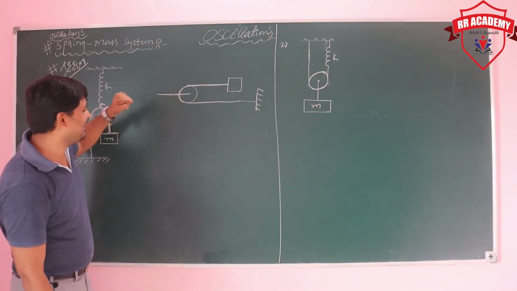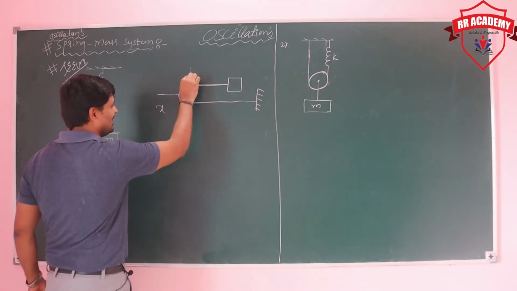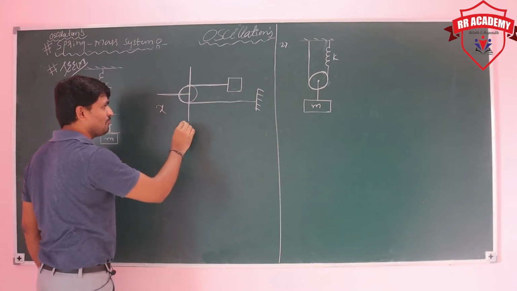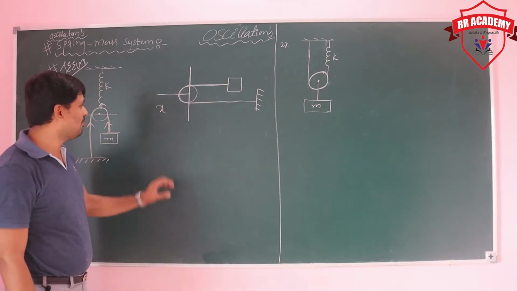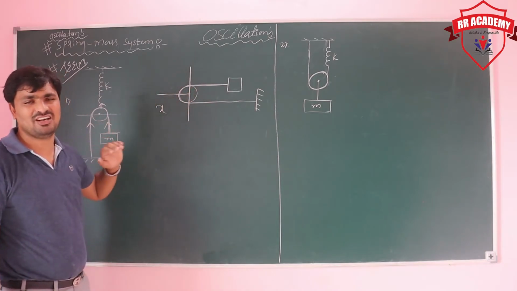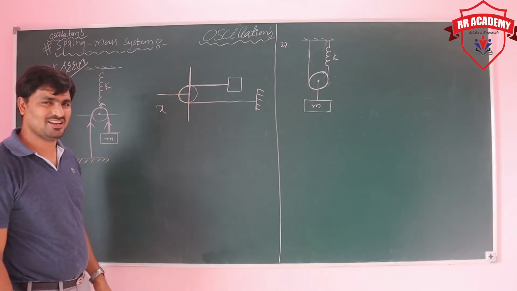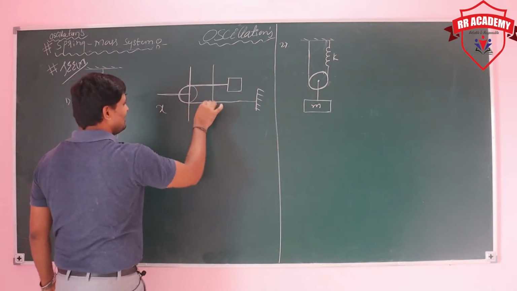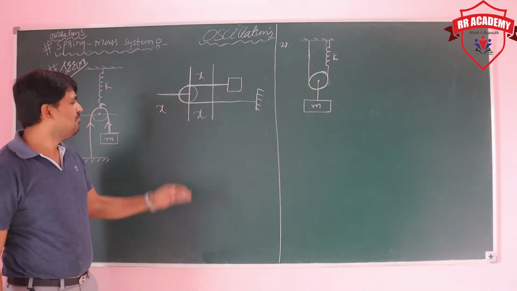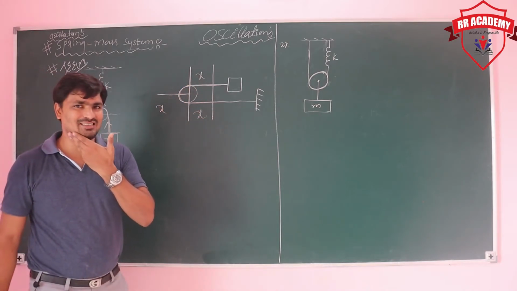If we pull here by x, how much is the extension here? You have to tell properly. If we pull it by x, how much is it going to be extended or displaced? Automatically this gets x displaced and this also gets x displaced, because here it is connected by the two springs.